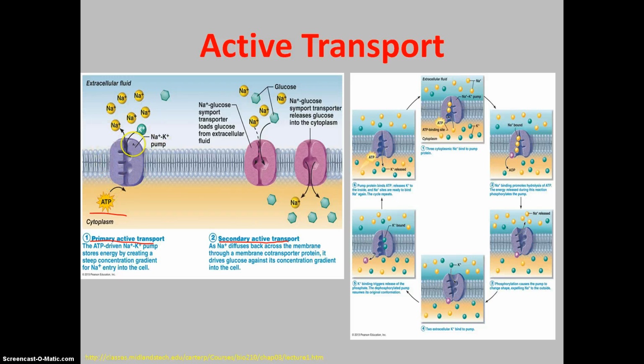As we see here, the ATP driven sodium potassium pump stores energy by creating a steep concentration gradient for sodium entry into the cell. And as sodium diffuses back across the membrane through a membrane co-transporter protein, it drives glucose against its concentration gradient into the cell.